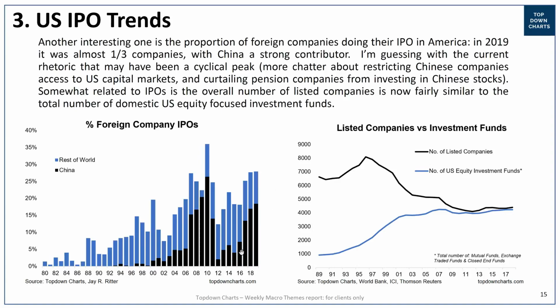And you can see there in the black is China, which is probably going to disappear, at least should Trump be re-elected. We probably will not see any China IPOs for some time, because the relations there are steadily declining from bad to worse, which is pretty concerning, really. But it's certainly an interesting chart to think about in the current geopolitical backdrop.